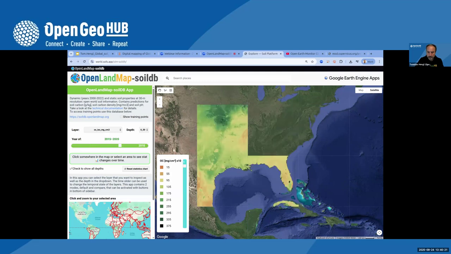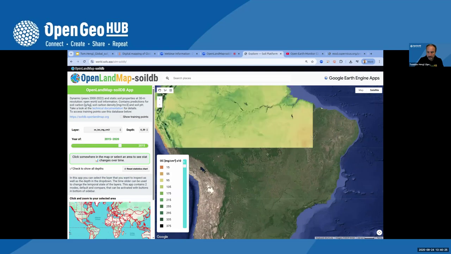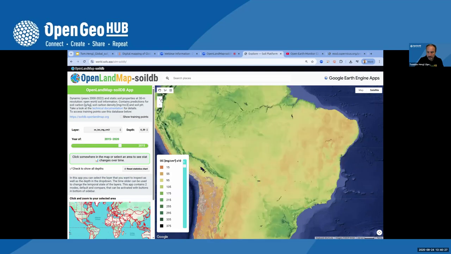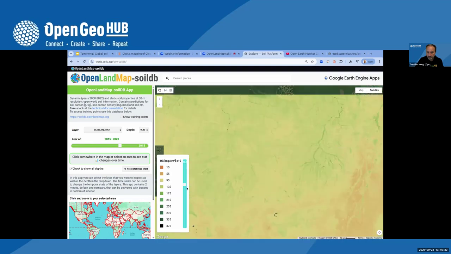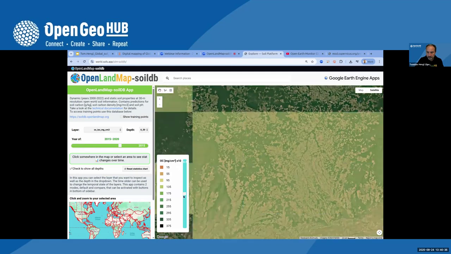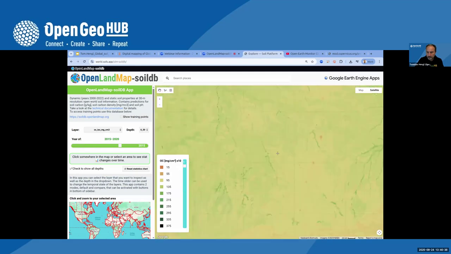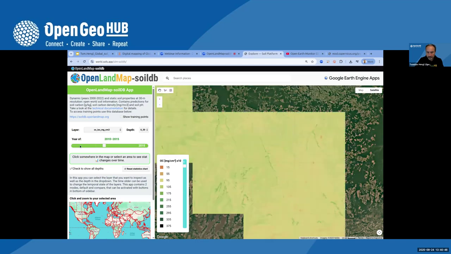I would just jump somewhere where it's most interesting. So here's an area in Brazil where there's been, let's say, a lot of conversion of land in the past. So I can play a bit with the transparency, and so you see there's been a conversion. If I scroll through time, I can maybe find some area where there's been a change in soil carbon.